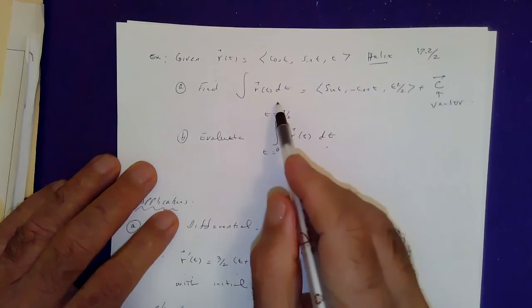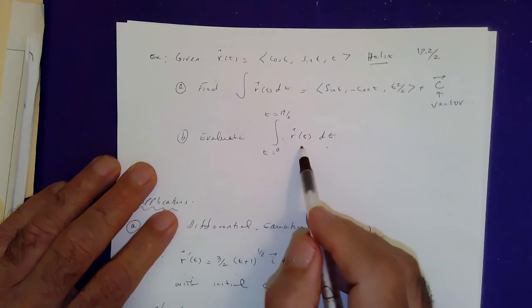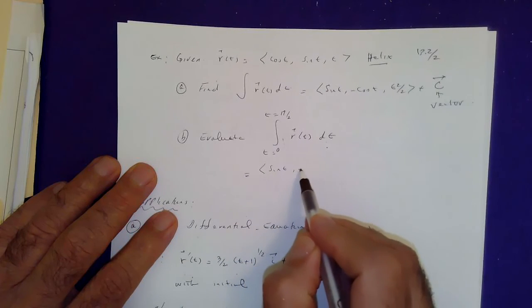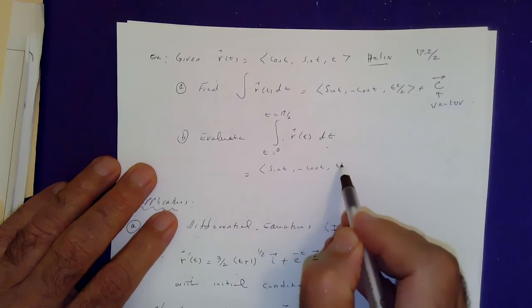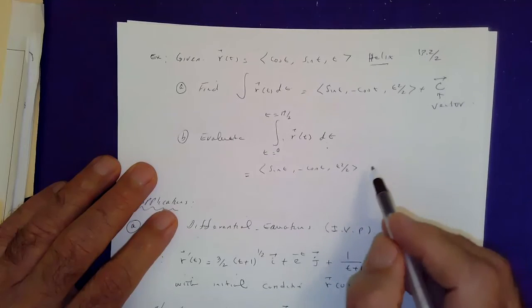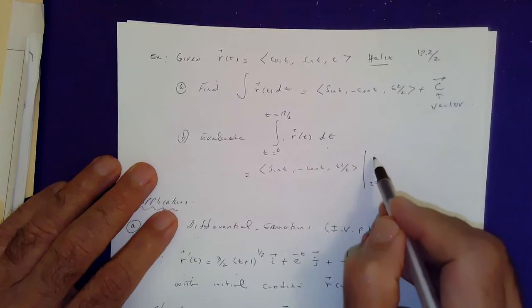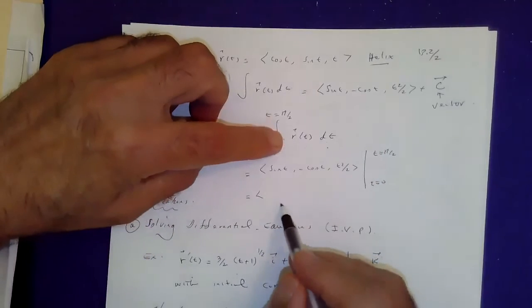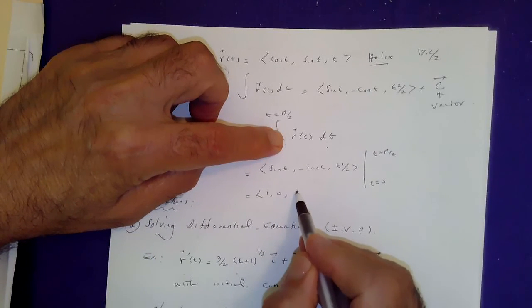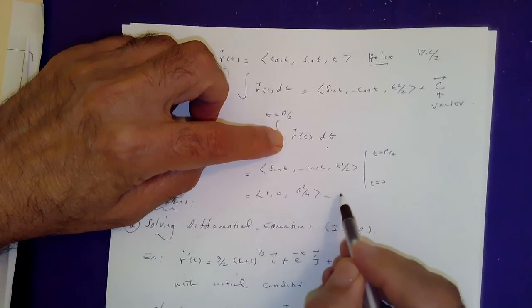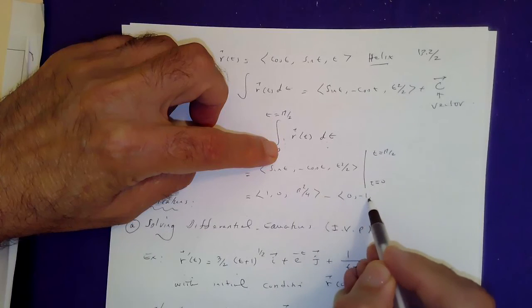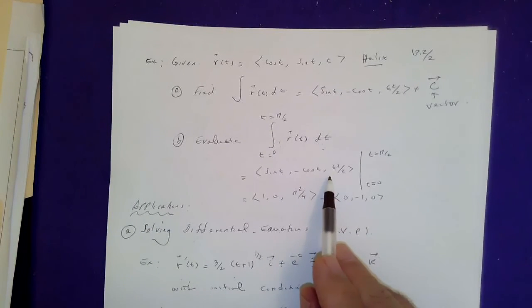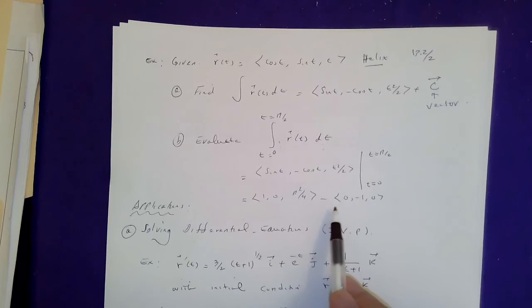On the other hand, if I was going to evaluate this definite integral, I still get my antiderivative, but I don't need c anymore, so I'm going from 0 to pi over 2. So the answer would be 1, 0, pi squared over 8 minus 0, negative 1, 0. Evaluate these three functions at pi over 2 and 0.